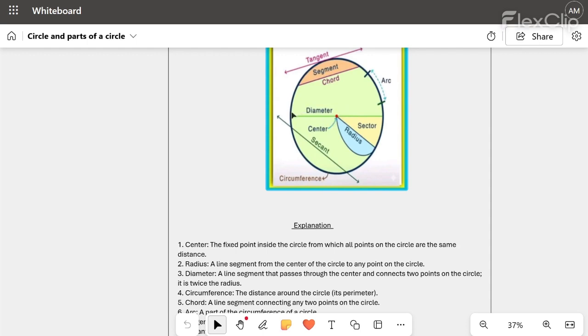And any other line that connects any 2 points in a circle is called a chord. Yes, including the diameter, as I think diameter is also a chord. Any straight line that connects 2 points on the circumference is called a chord.